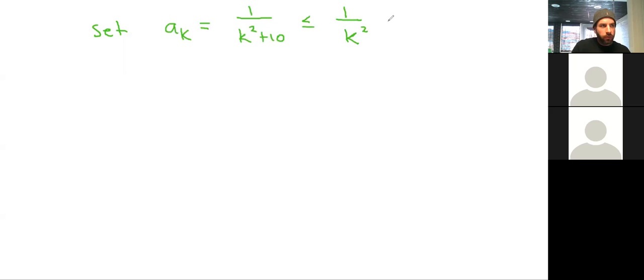Again, we had this conversation last class, I believe, or maybe it was the class before on Tuesday. If you look at this inequality in the middle here, this is just basic numeracy skills. k squared plus 10 is always bigger than k squared, which means those fractions have to agree to this inequality.